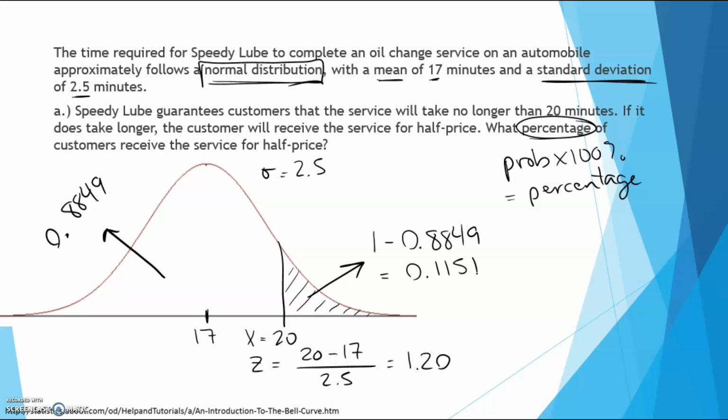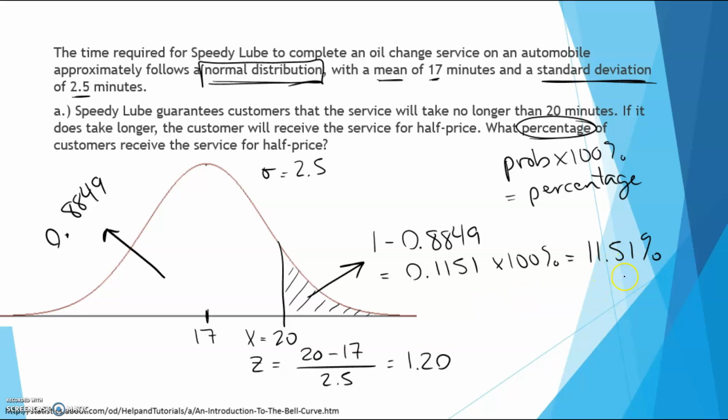Okay, so there's my probability right there. And then I'm going to take that times 100%. So that will give me 11.51%. So what we're saying is 11.51% of the customers will receive the service for half price.